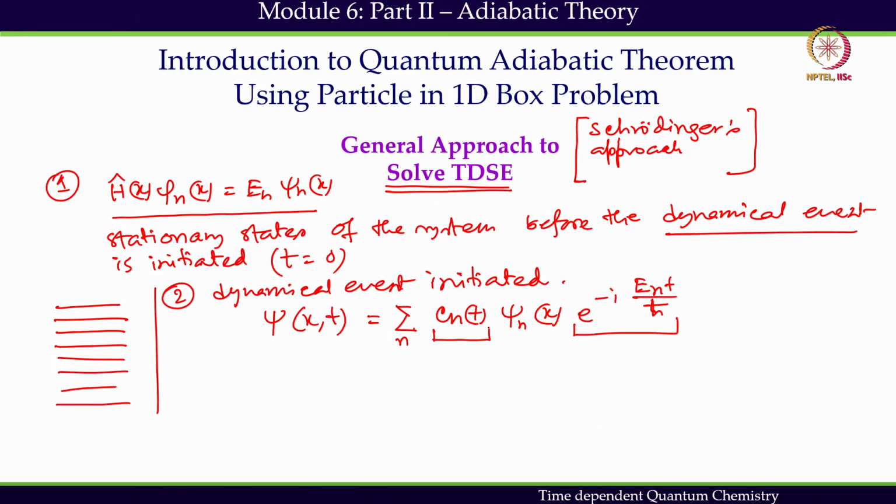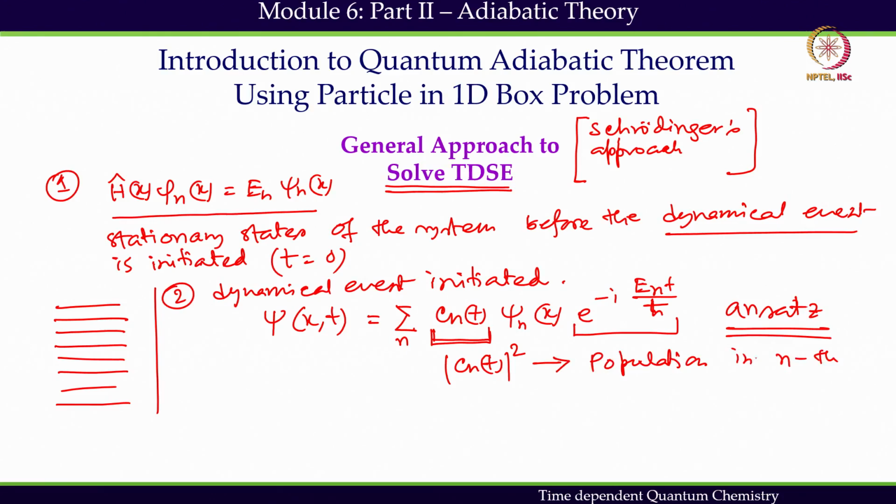That is the way we get that non-stationary state, and this is called the ansatz or trial wave function. This is the wave function which is representing the non-stationary state. But Cn is unknown, and we know that the square of the absolute value of Cn will give me the population in the nth state.